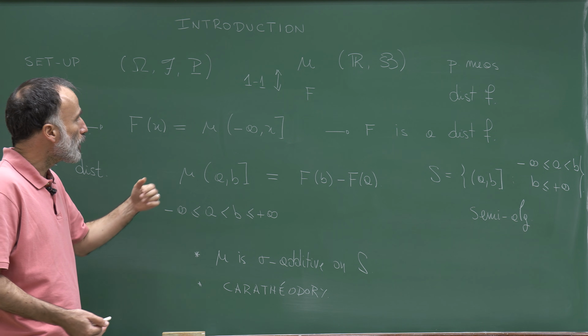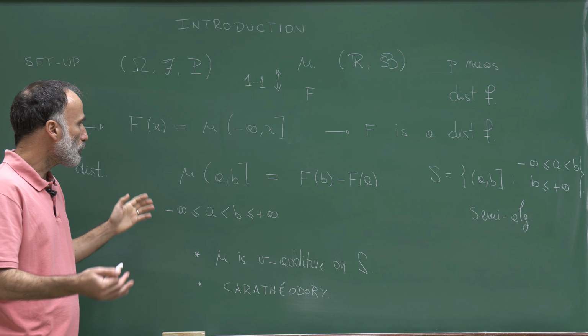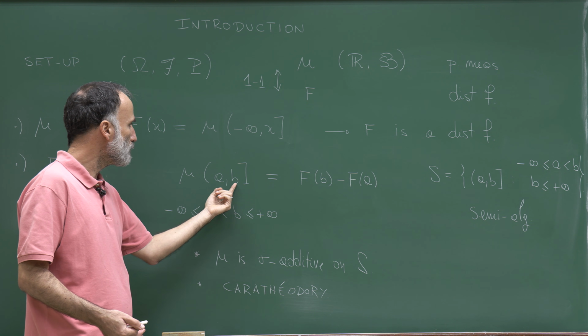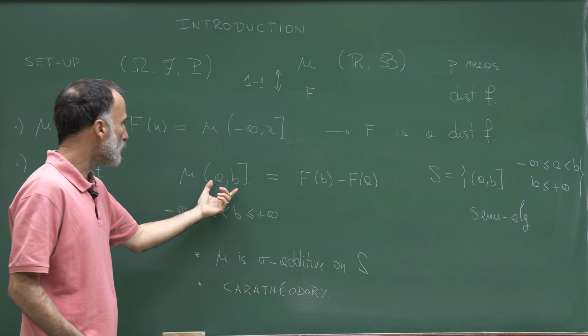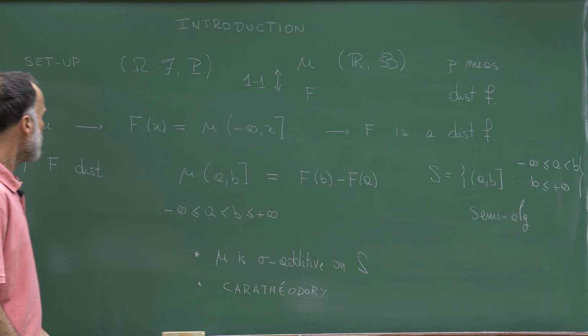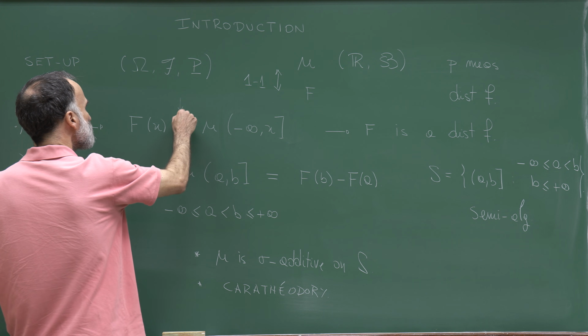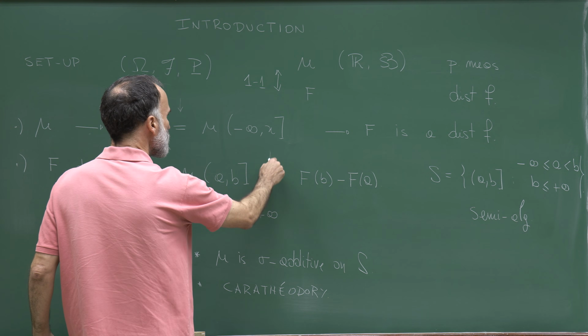It's clear that the measure of R is equal to 1, because if you take a equal to minus infinity and b equal to plus infinity, you get from this equation that mu of R is indeed equal to 1. So you see that there is a one-to-one correspondence between probability measures defined on the Borel sets of R and distribution functions, and that this one-to-one correspondence is given by this equation or that equation.